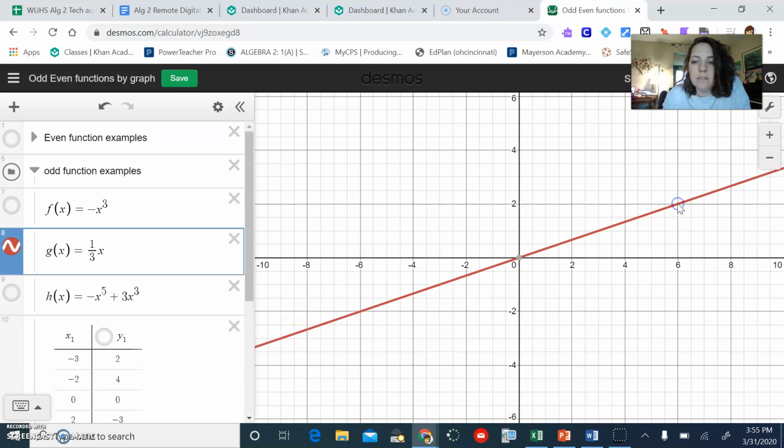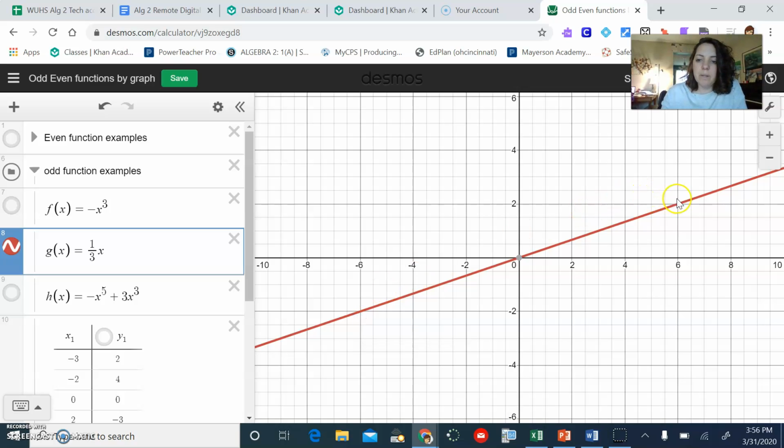So we take this 6, 2 point, okay, 6, 2, and we flip it over the y-axis, we would have negative 6, 2, right? We flip it over again, we'll have negative 6, negative 2. So this positive 6, 2 became negative 6, negative 2.